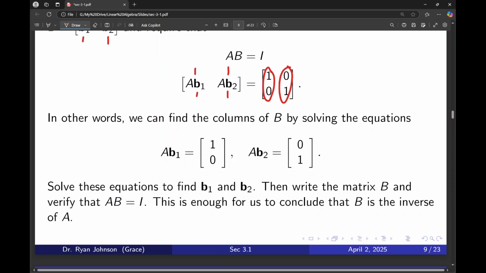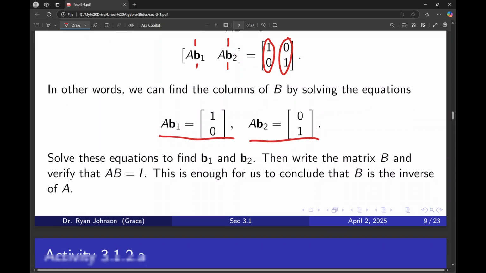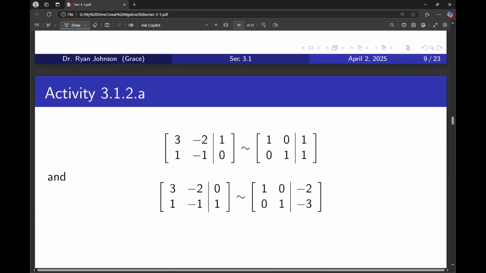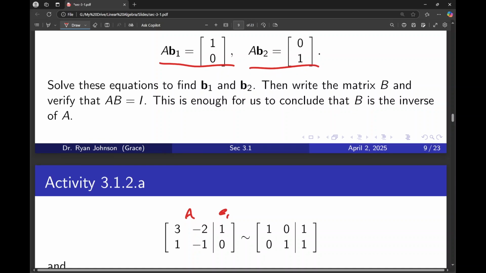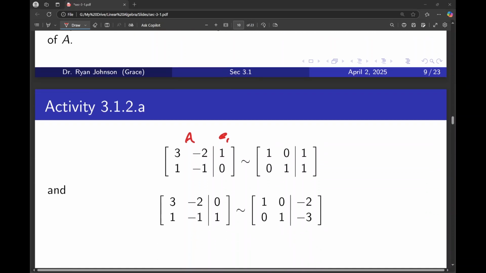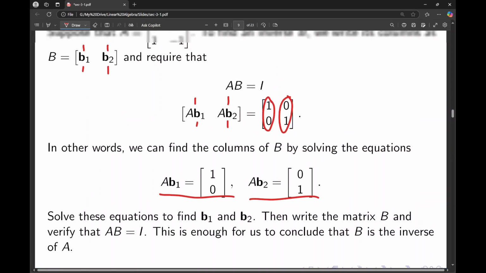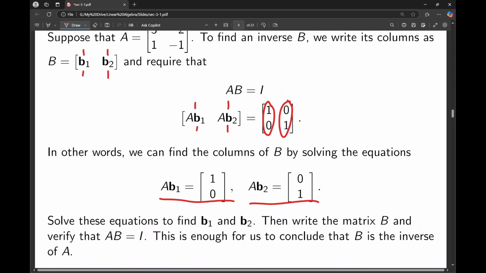Okay, so on the next slide, I'm going to do that. So here's A, and here's E1, so that becomes 1, 0, 0, 1, right?